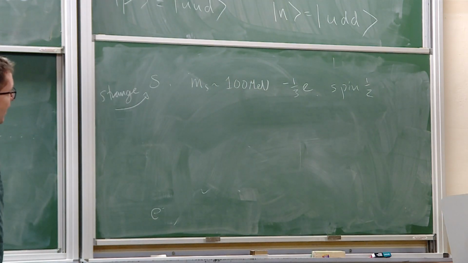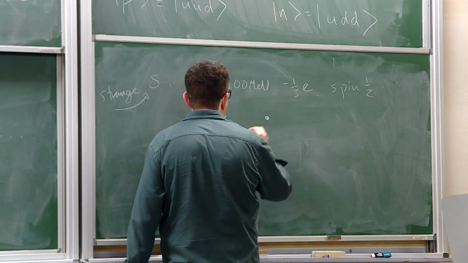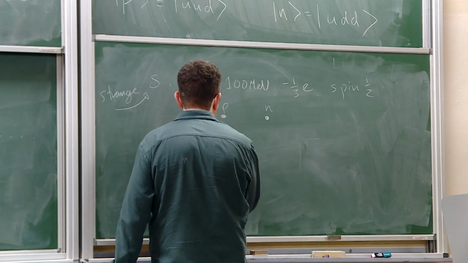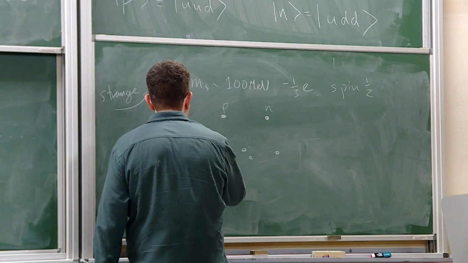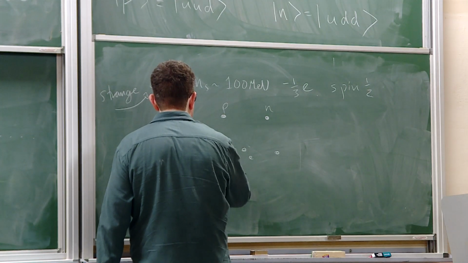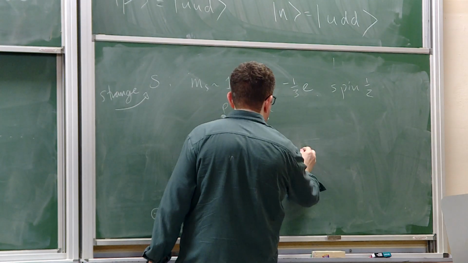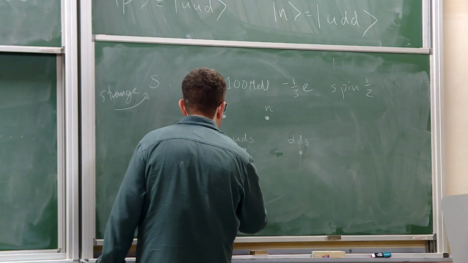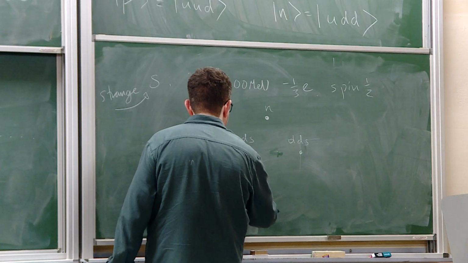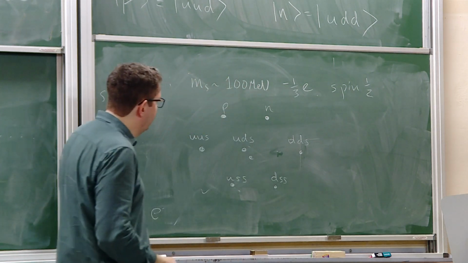Okay. And with this, they could actually label all the particles. So we'd have the proton and the neutron, then we'd have a series of states, and then we have USS and CSS over here.